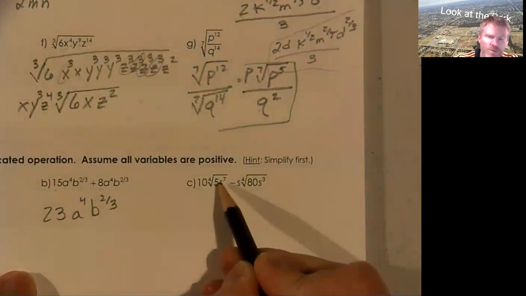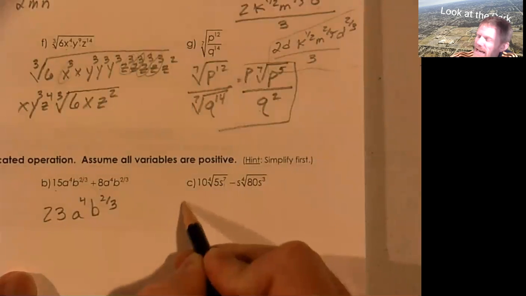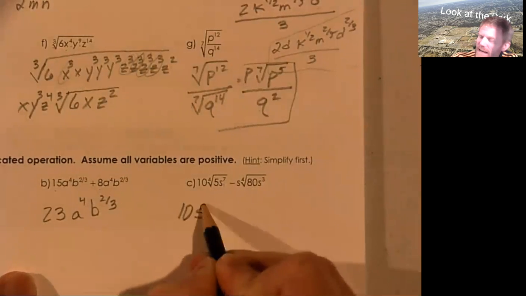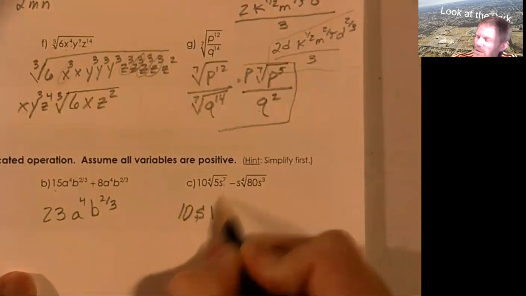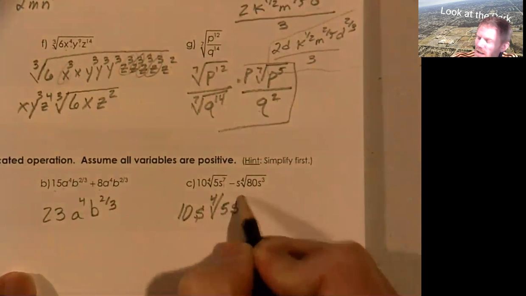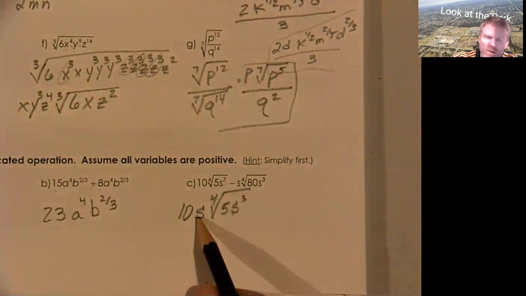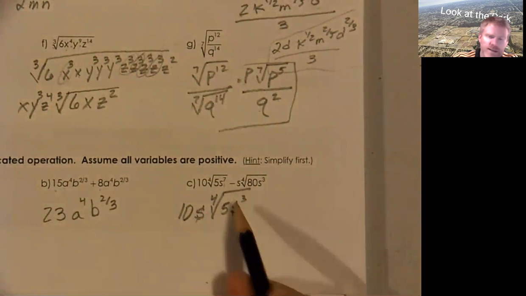There's more than 4 of the S's in here, right? How many S's? There's 7 of them. So there's 3 extra. So if I take my 10, I'm going to have an S that comes out, and I'm going to have 3 extra left inside. There's 4 of them, and there's 3 more to get to my 7.